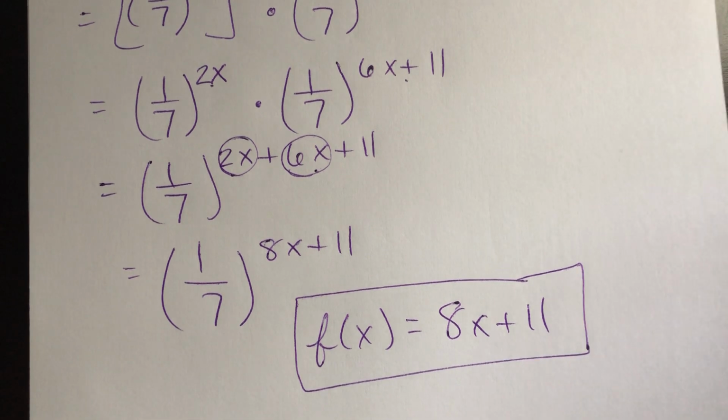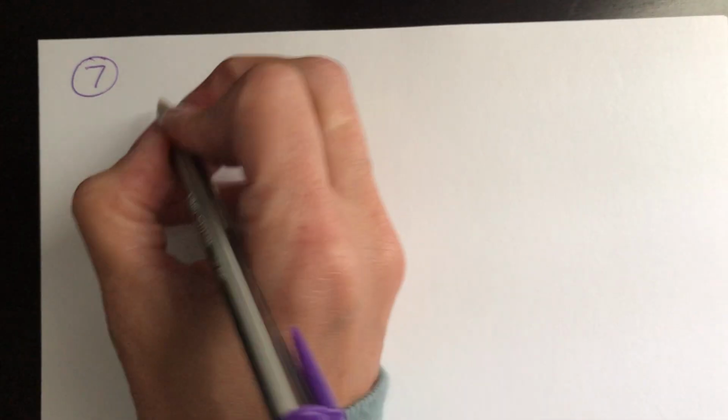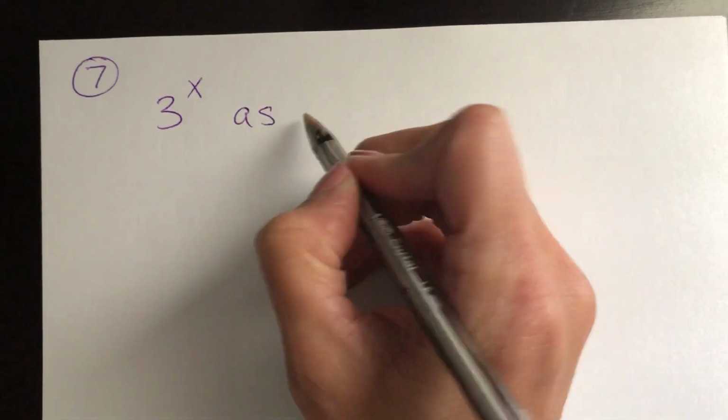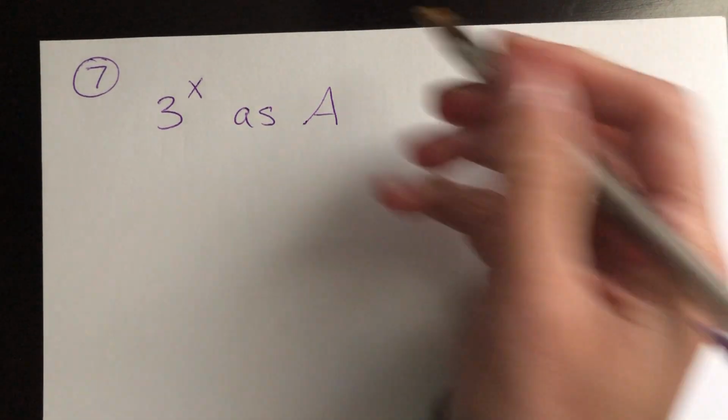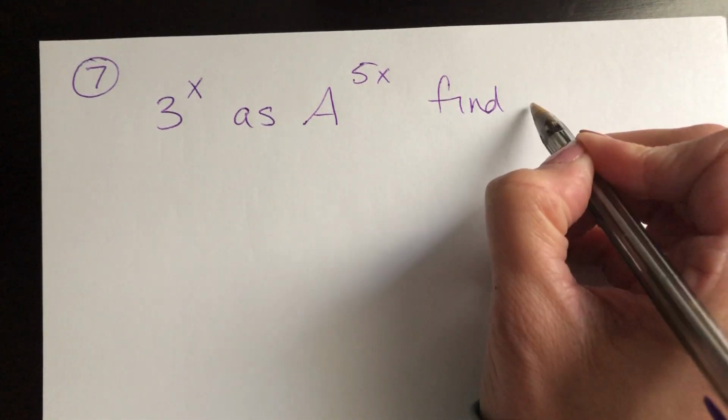Okay, moving on to a little bit different problem. Example number 7. Okay, 3 to the x. We're going to rewrite that as a to the 5x, and we're trying to find a.